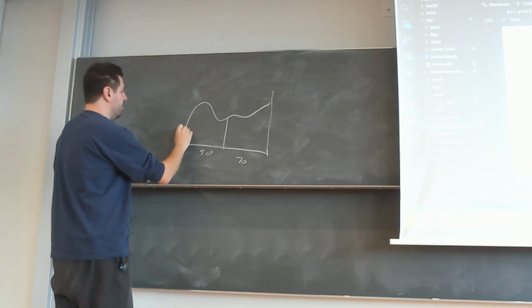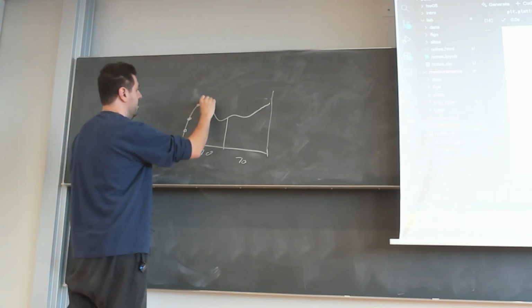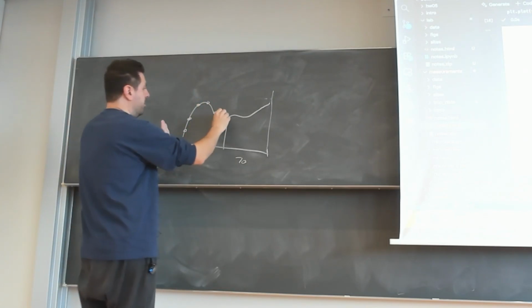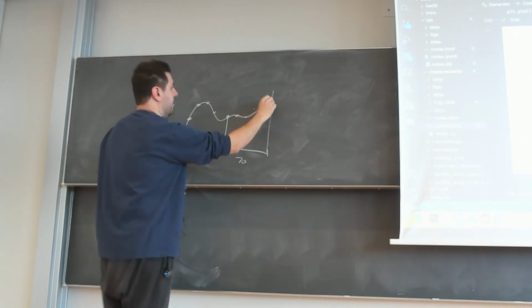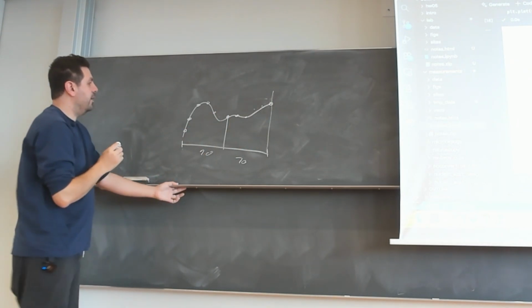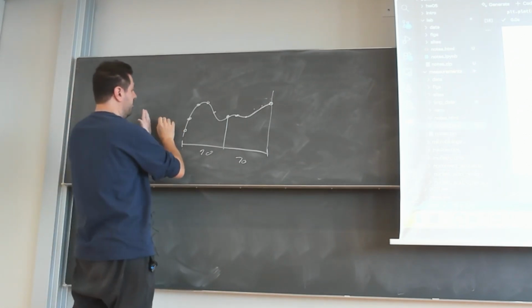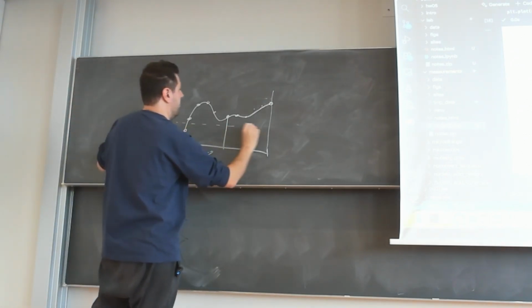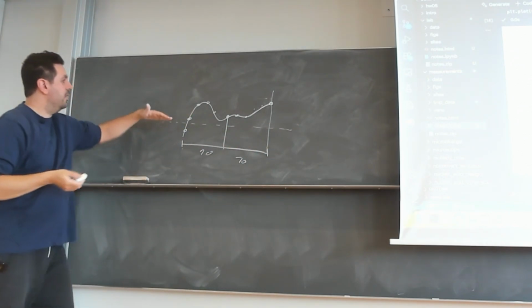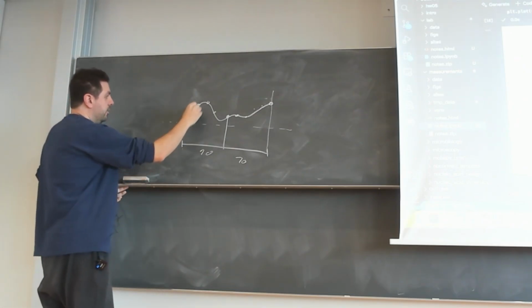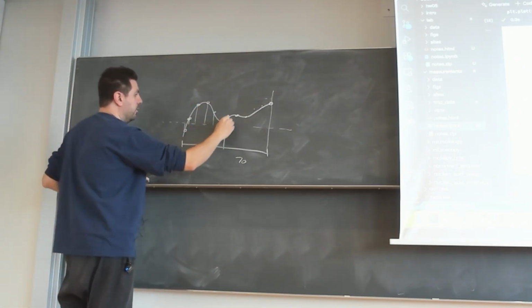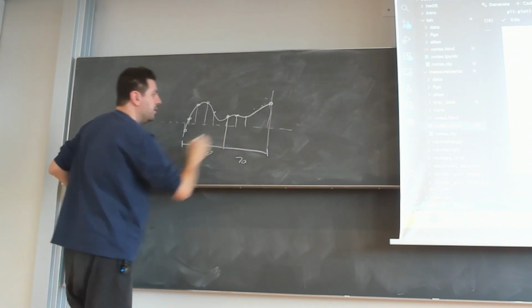So let's say these are my data points. That should be 10, I'm not doing 10 here, but you get the point. I want to find the constant function that has the minimum squared error. The squared error would be here, here, here, and so on.